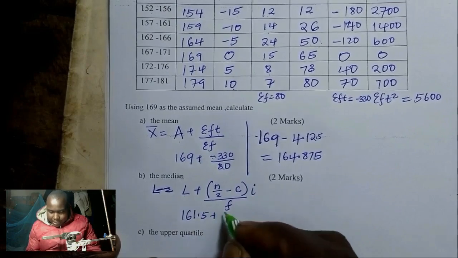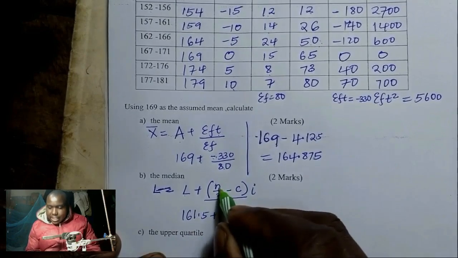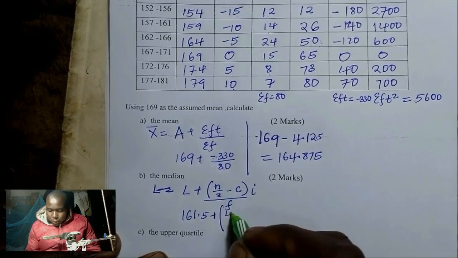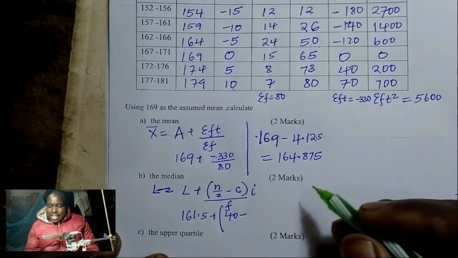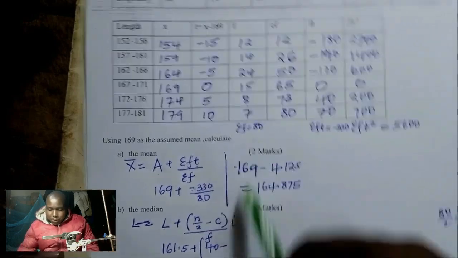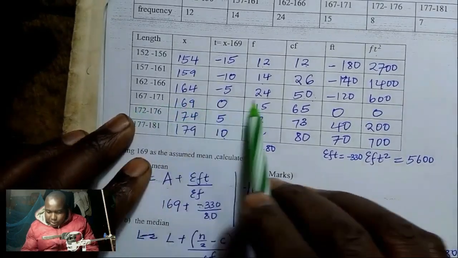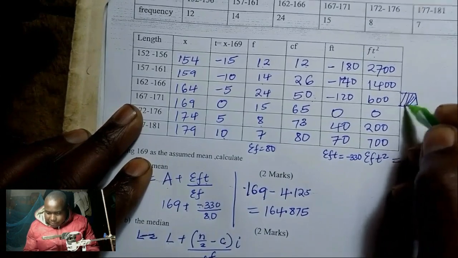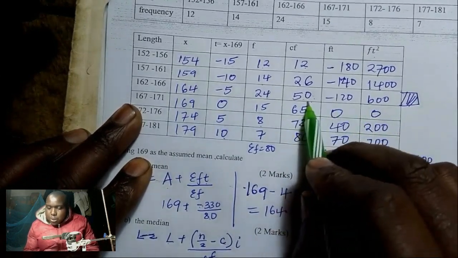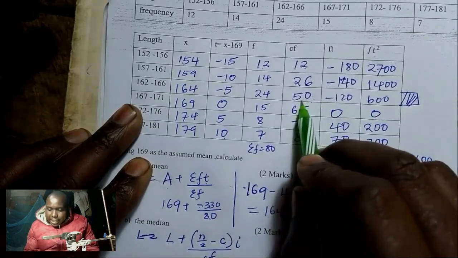Our L is 161.5 plus, you open bracket, N is 80, 80 divided by 2 is 40, minus C. What is the C? C is the cumulative frequency above. So our median class, tumesema ni hii, this is our median class. So the cumulative frequency above our median class ni 26.